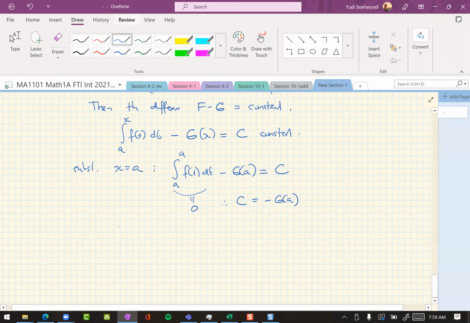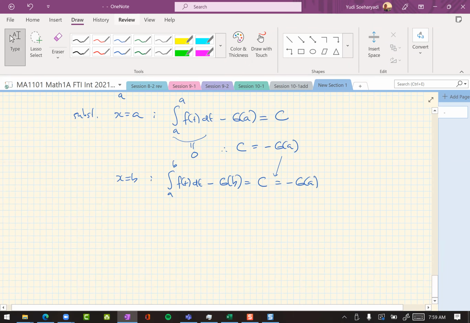Okay, so we know this is G of a, and if you substitute x equals b, what do you have there? If you substitute b, what you have is the integral from a to b equals G of b, equals C also. But from here we know that, okay, so now what you have here.